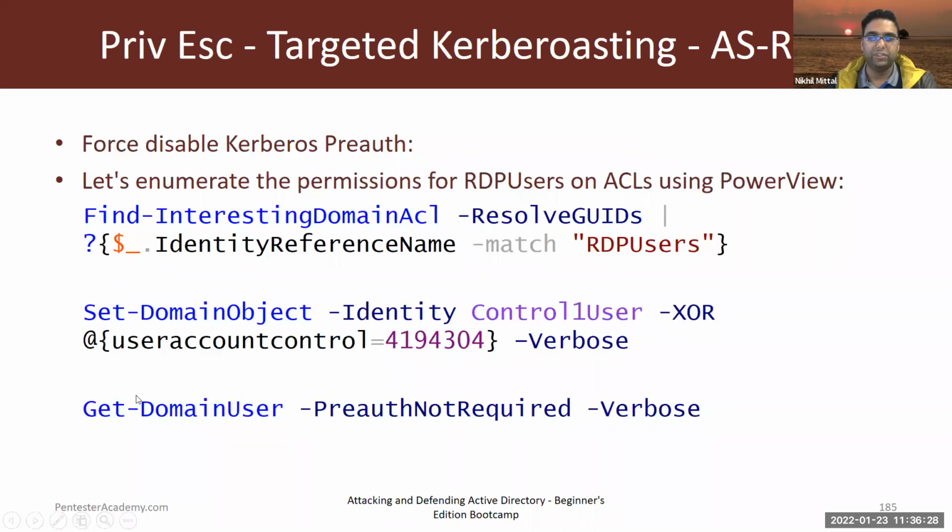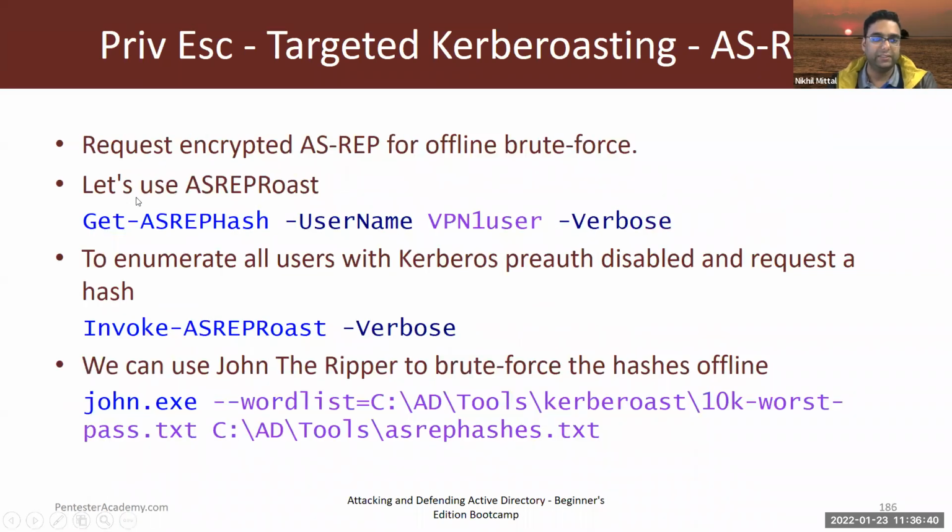Then there is a set of users called Control X users, where the RDP users group has full control, so you can forcefully disable pre-auth there. In both cases, using the ASREPRoast toolkit that you can find in the C80 tools directory, you can request an encrypted blob from the DC on behalf of this user and then brute force it offline.